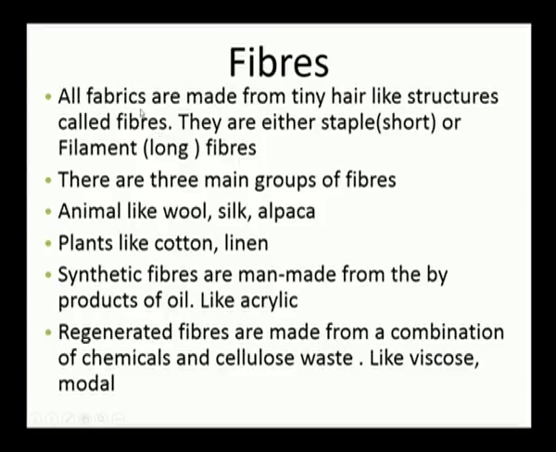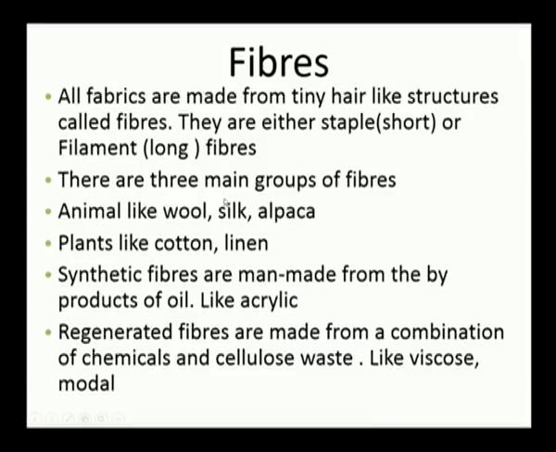All fabrics are made from tiny hair-like structures called fibers. They are either staple, staple meaning short, or filament, long fibers. That range will vary according to the plant material. It may be 2 centimeters to 2 meters; the length can vary.